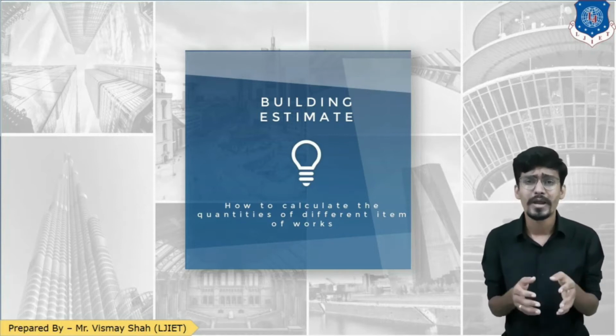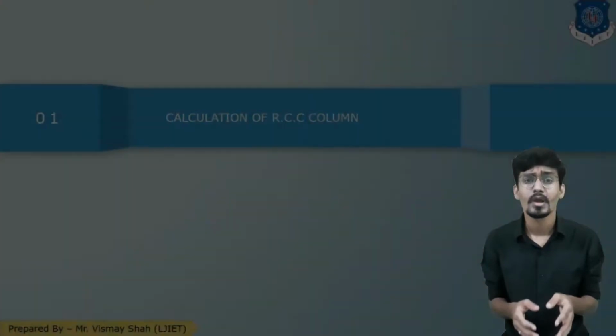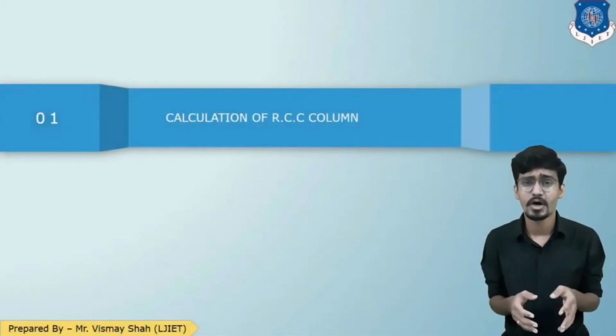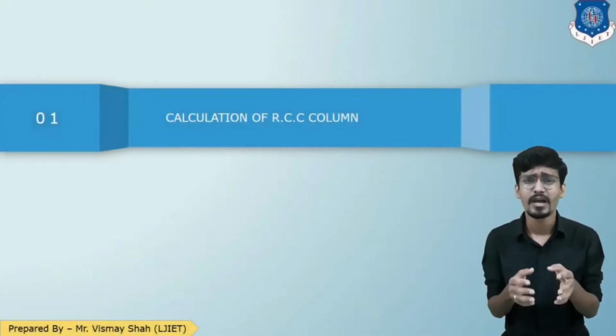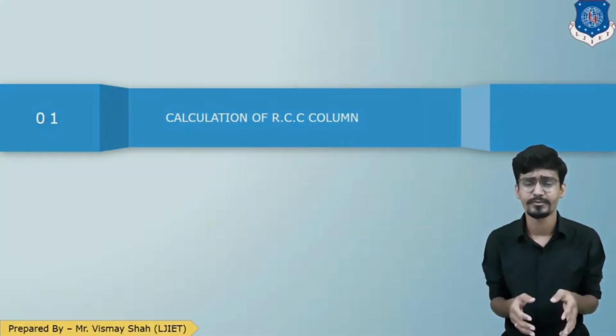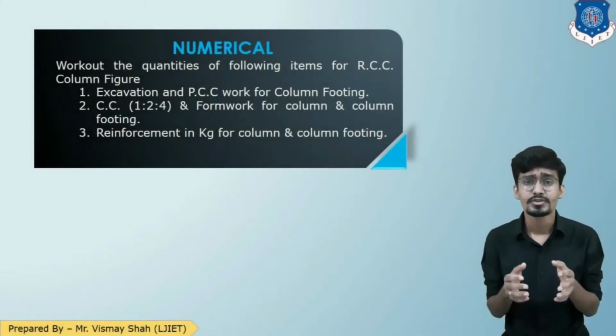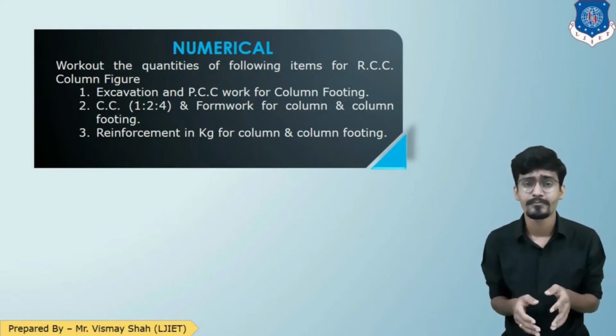So now today in this session we are going to learn a numerical based on an RCC column. Let us start with the question. Calculate the following quantities from the figure of the RCC column.